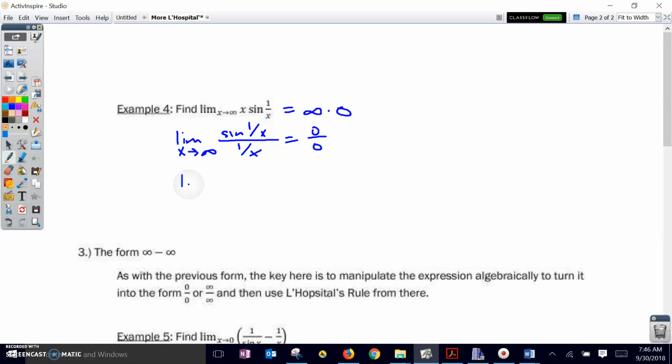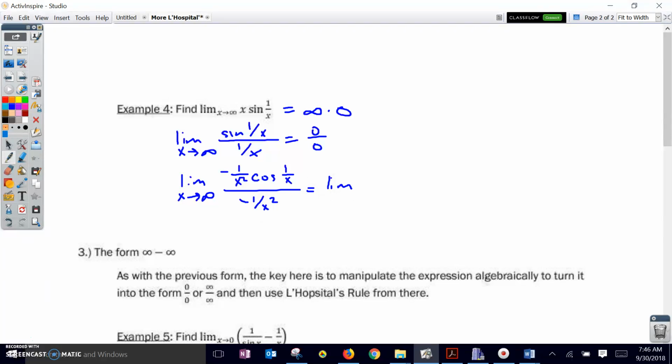So I'm going to apply L'Hopital's rule. And the numerator's derivative is negative 1 over x squared cosine of 1 over x, utilizing the chain rule. And the denominator's derivative is negative 1 over x squared.